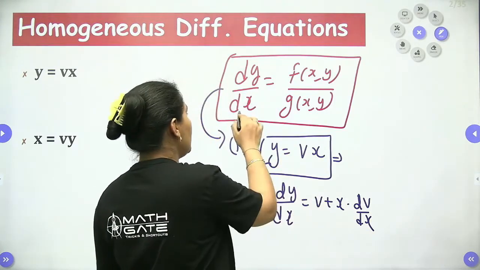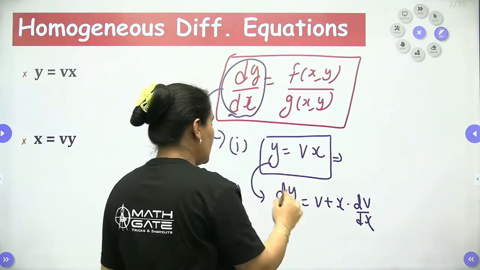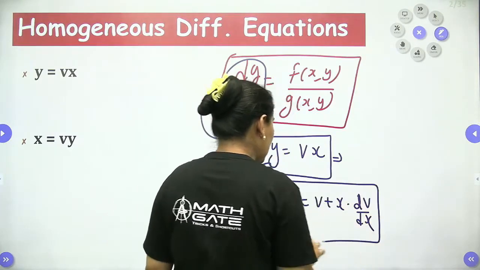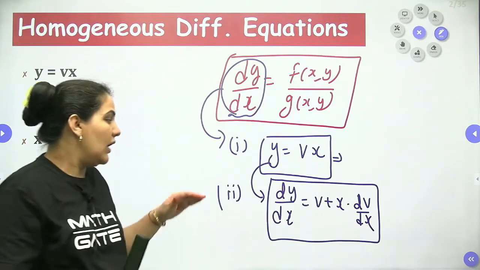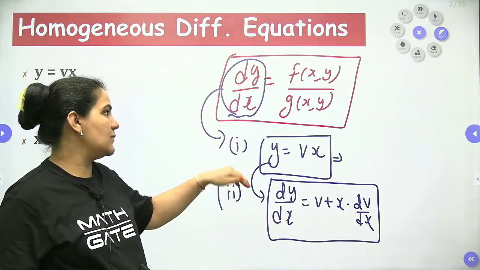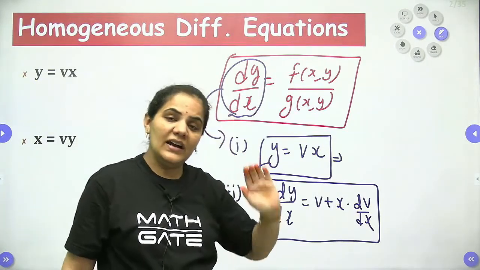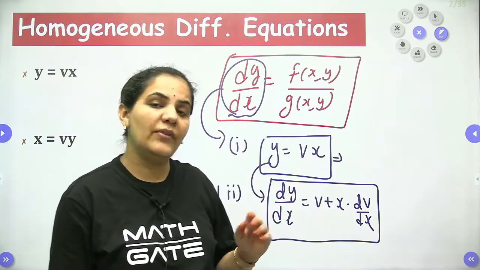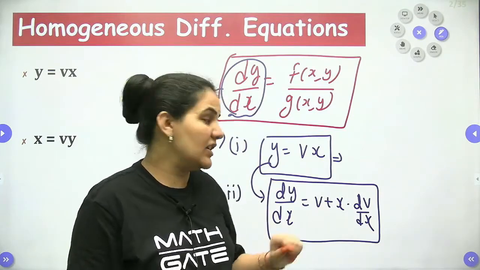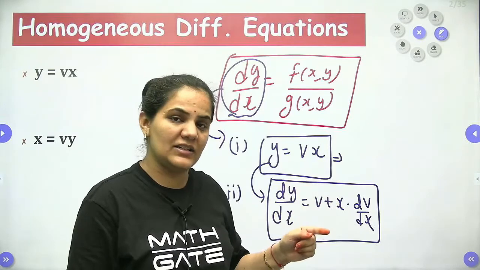So this is the second step: at the place of dy by dx in the given equation, you put the value v plus x dv by dx. Earlier your equation was in the form of x and y. Now your equation will be in the form of v and x, right?